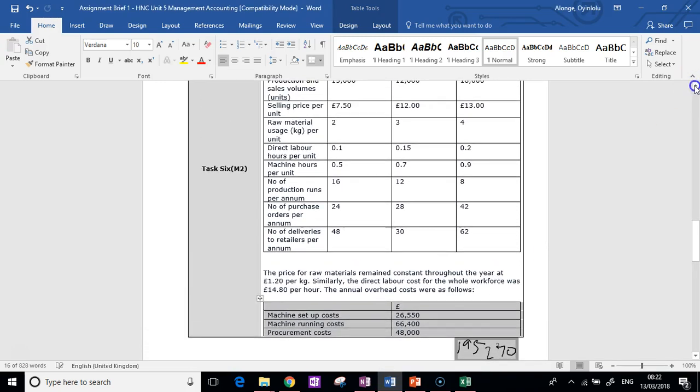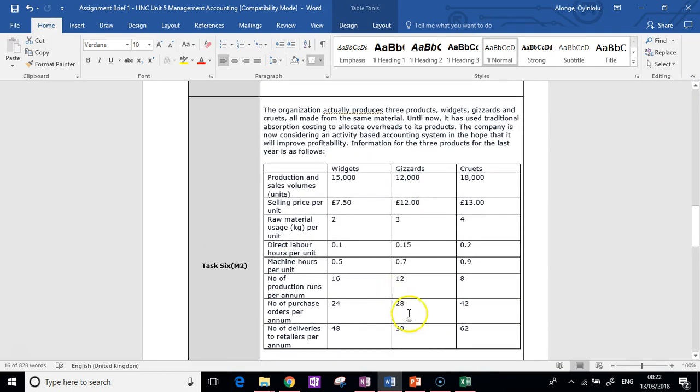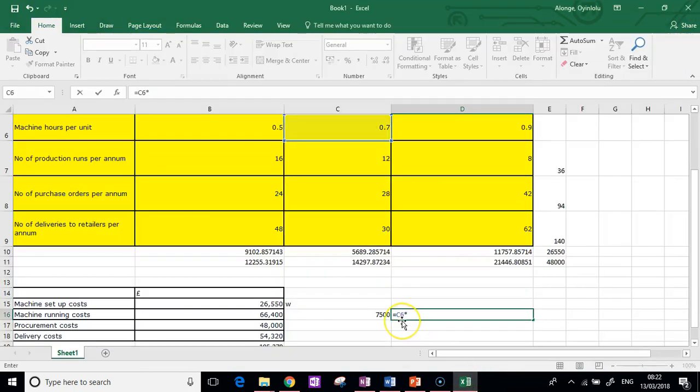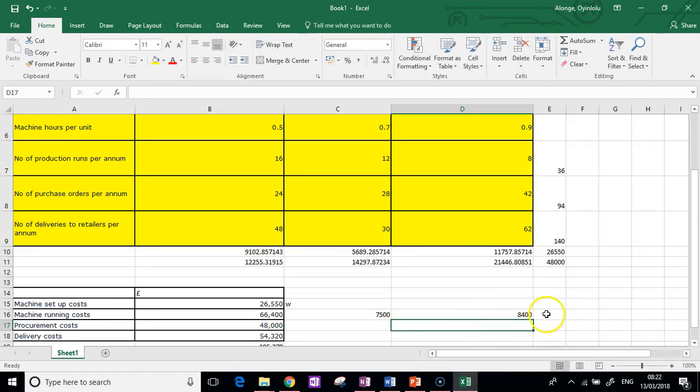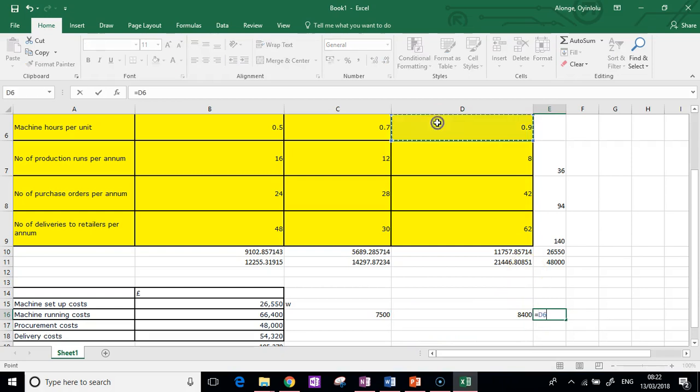Yes, I think I see that: 12,000 and 18,000. So let's go back. Times 12,000. And then finally for gizzards, this times 18,000. So now I know what my total number of hours are.